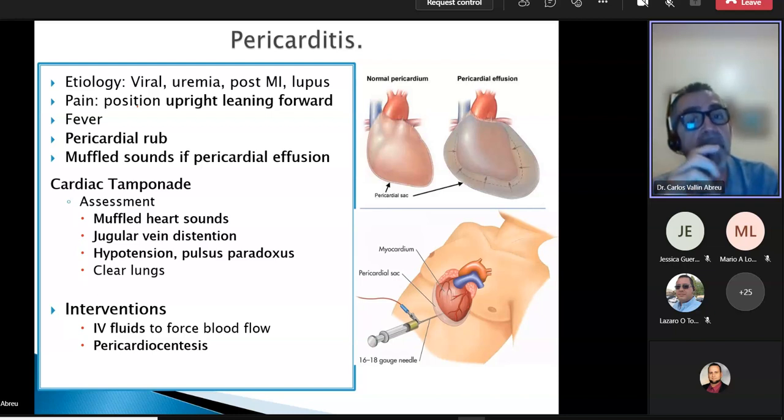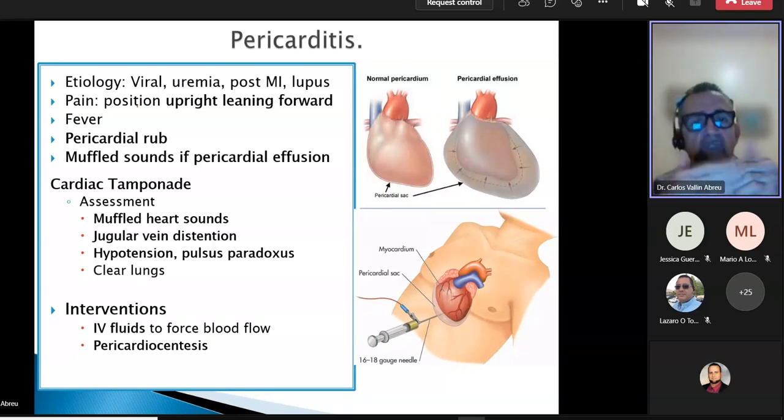But the heart gets very inflamed: the pericardium, the myocardium, the endocardium, everything is inflamed. After this inflammation subsides, what is left damaged are the valves, especially the mitral and the aortic valve, and especially the mitral can be left deformed.